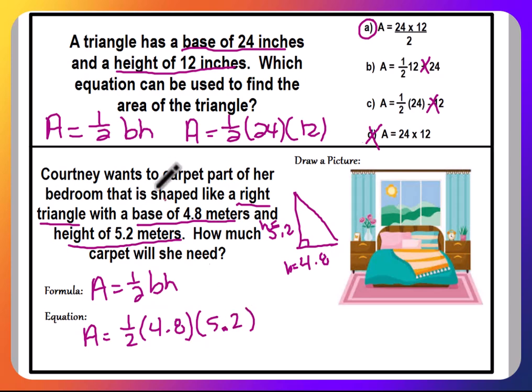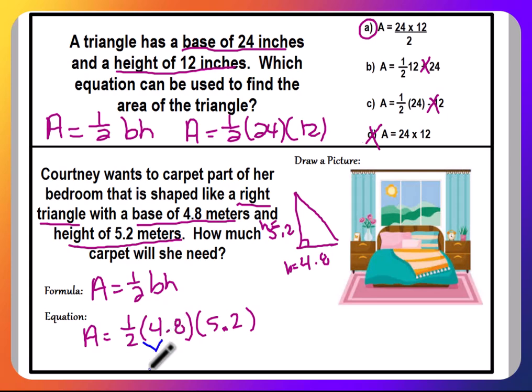And now all you have to do is do your math. So I always take half of something first, okay? Because half of something means to divide by 2. And I know I can divide any even number by 2. So when I look at these, both of these are even, so I'm going to divide the first one just because it's there. 1/2 of 4.8.